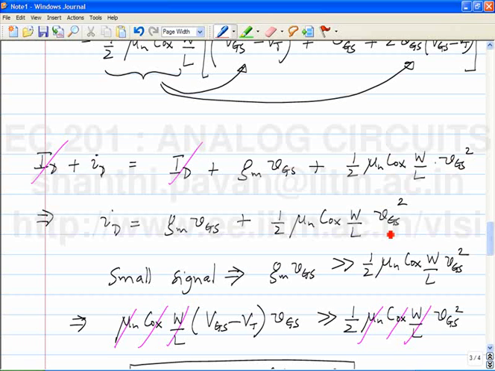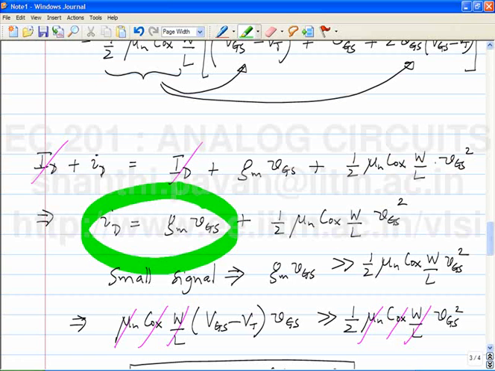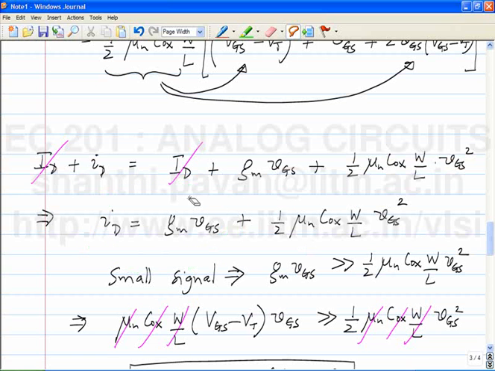Does that make sense? So we are making an error when we assume that ID is equal to just GM times VGS. There is an extra term we have missed out, and this extra term, as we saw, is about 25% of GM times VGS when the input is 100 millivolts.